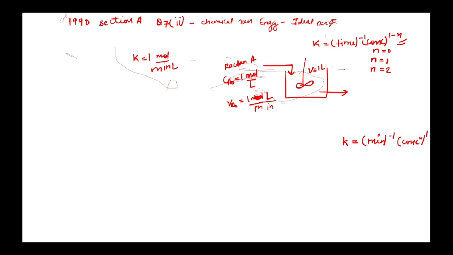So minute inverse, and concentration to the power 1, mole per liter. So the unit is mole per minute liter. This is the way to find the units of the rate constant.